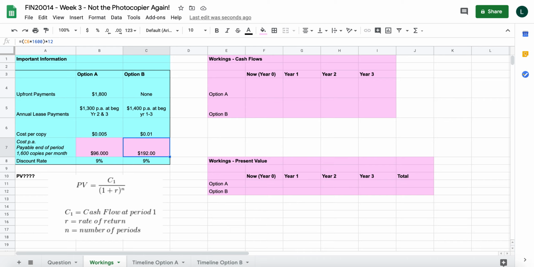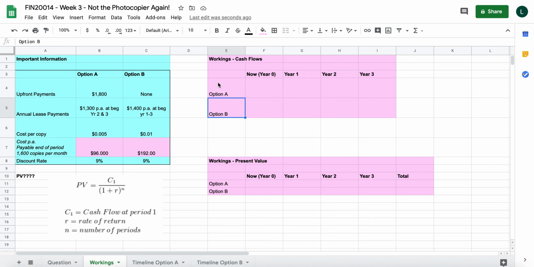Now, what we need to do is calculate the present value. This is very much like the present value calculations we do for valuation of firms. So I've popped here our present value formula. That is really important. And what I've done over here is created little boxes of how we work it out. Now, this is a cash flow because we've got different amounts coming in every single year.